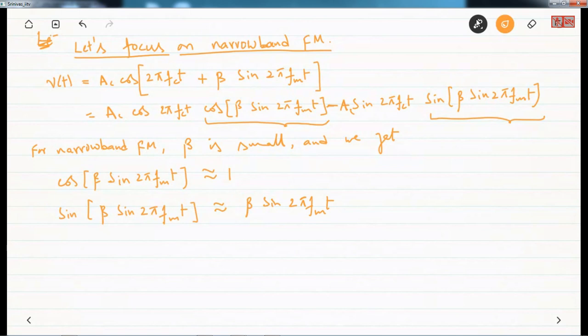So this becomes 1, and sine of beta sine 2 pi fm t becomes beta sine 2 pi fm t. We use these two approximations and then write our v of t.